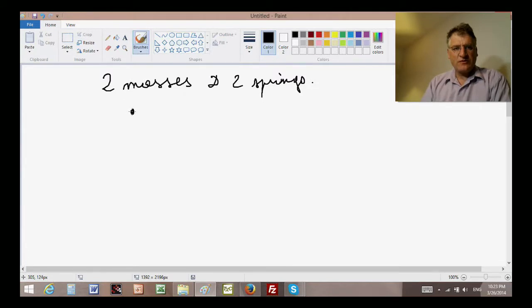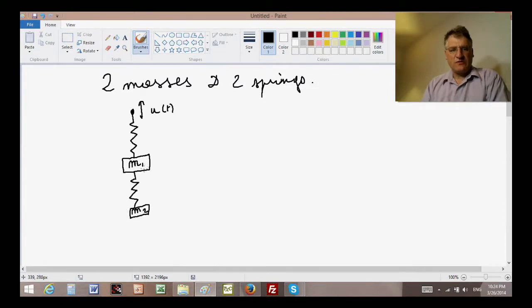The top attachment point oscillates up and down with a particular amplitude, and so the oscillation will be u of t, and the two masses are connected via a first spring which is attached to the mass m1, and the second mass m2 is attached to the mass m1.